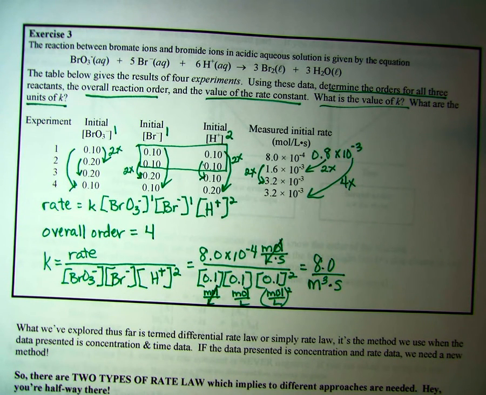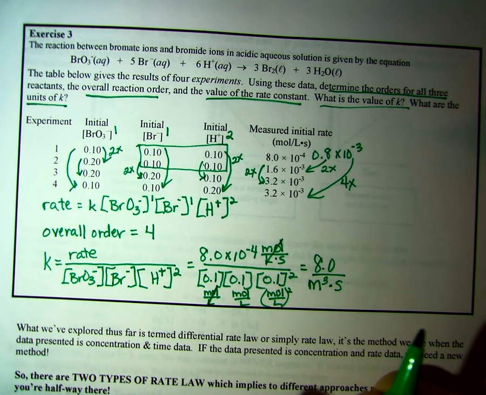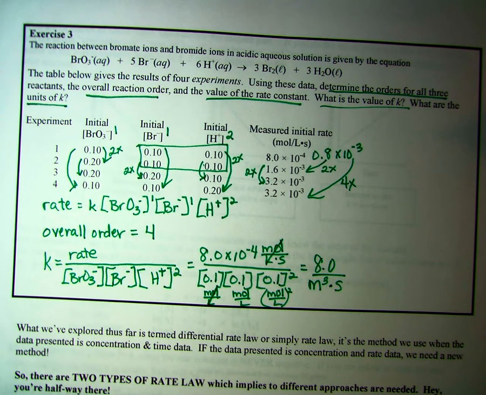All right, here is the shortcut. What is your overall order? 4. Your unit for molarity is always going to be 1 less than your overall order. So if your overall order is 4, then your molarity is just going to be 3. But it is cubed. You have to put it as a power. Molarity cubed. So if our overall order was 2, then it would just be molarity squared.